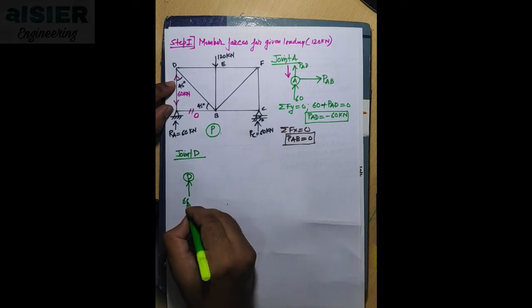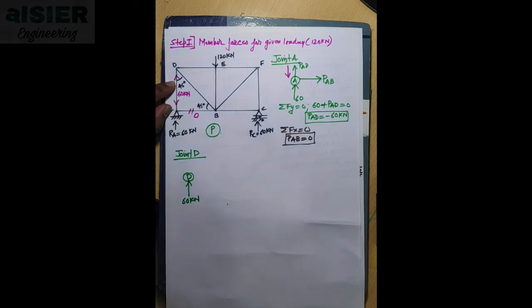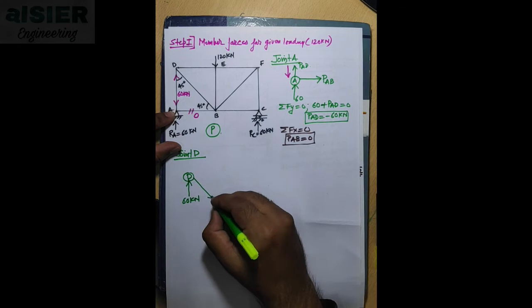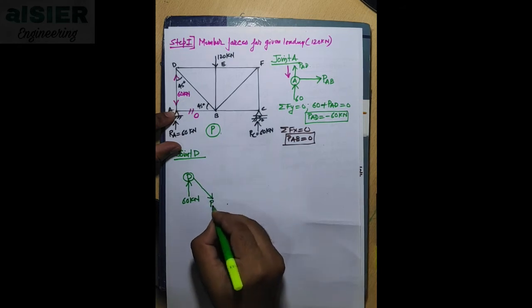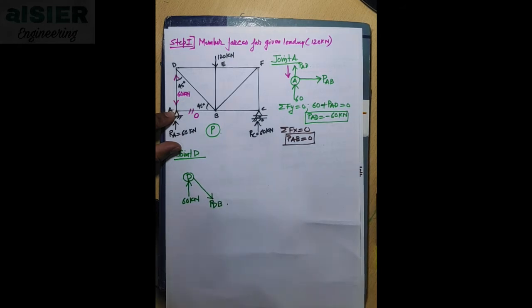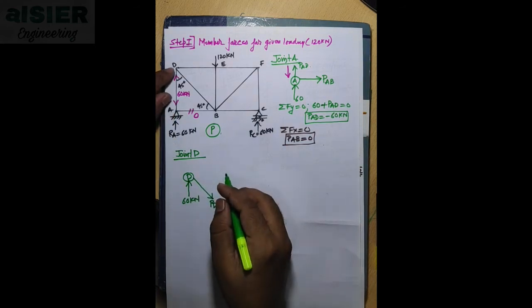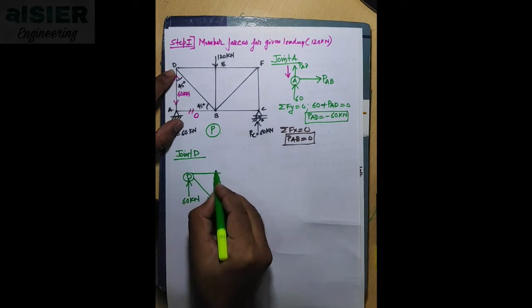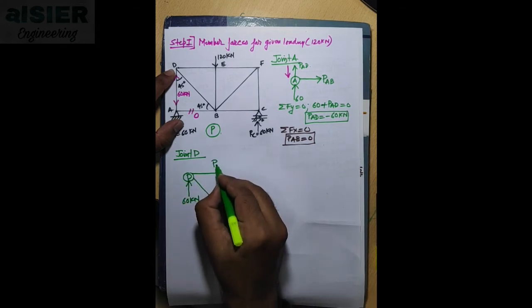Say 60 kilonewton. There is other member DB. We don't know the magnitude and direction of the force, so we will consider it as away from the joint and write down here PDB. And other member is DE, which is connecting at joint D. We also don't know magnitude and direction, so we will assume away from the joint, and we will write down here PDE.